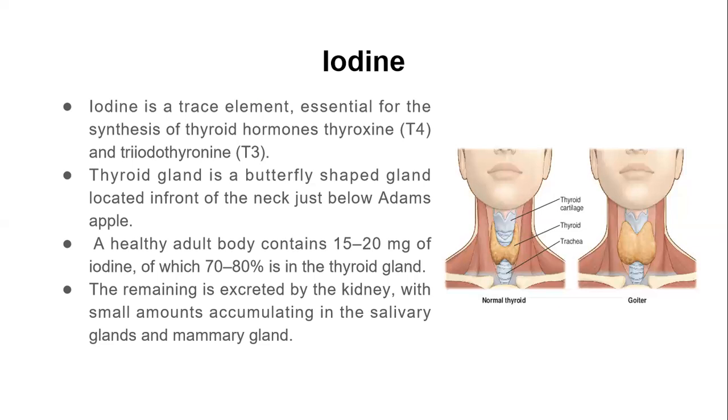Shortly we'll talk about how these thyroid hormones are synthesized, and we can see how iodine is involved in the synthesis of thyroid hormone. Then we'll talk about the function of these thyroid hormones.